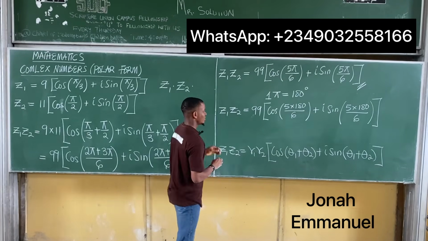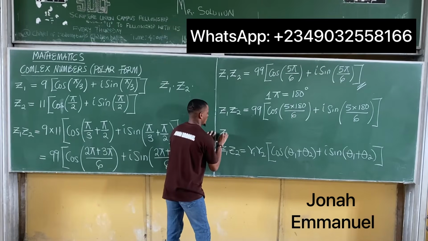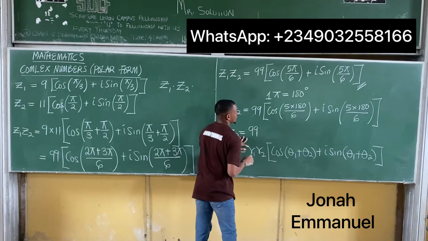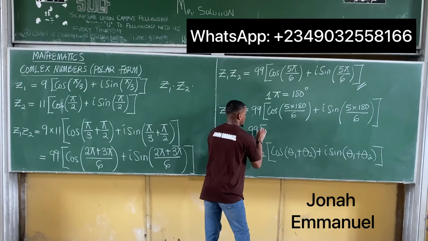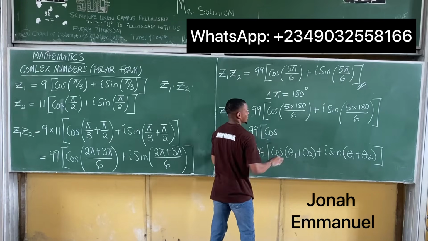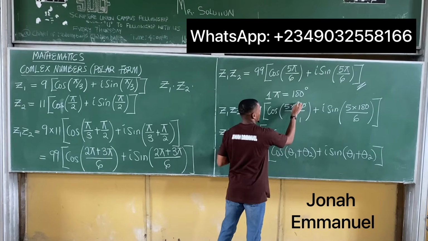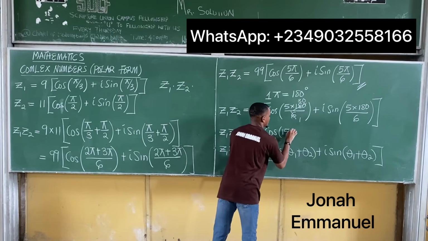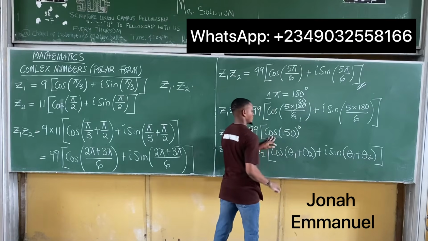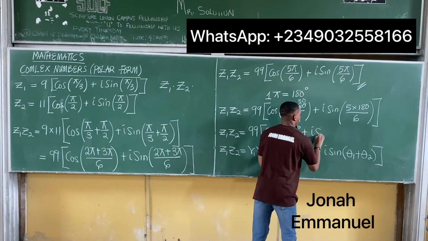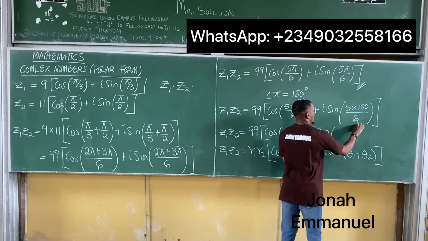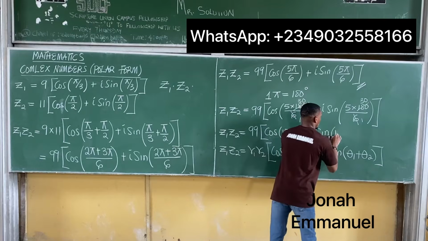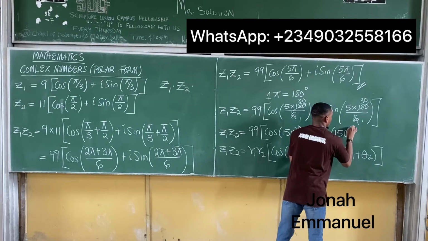All right, let's simplify this. So my final answer, z1 z2, will be equal to 99 into cos of 5 times 30, which is 150 degrees, plus i sine of 5 times 30, which is 150 degrees.